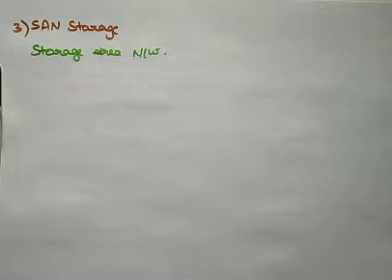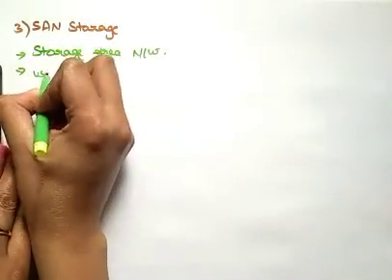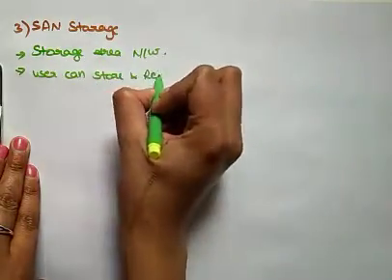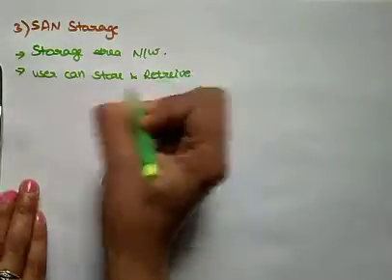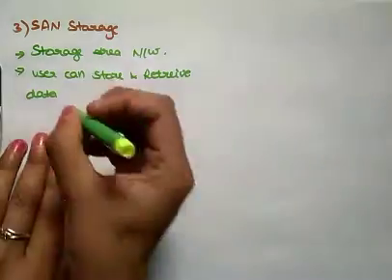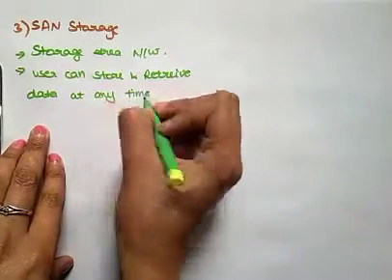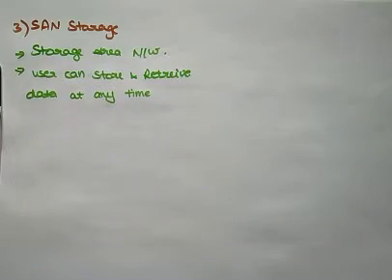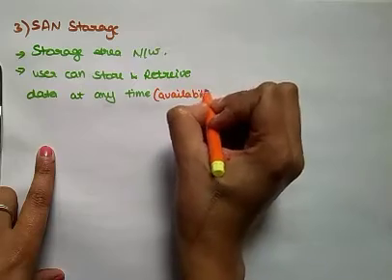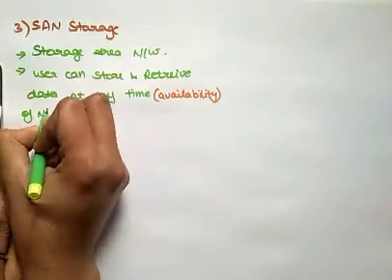With the help of this class, a user can store and retrieve data of any size or any amount at any time, subject to the availability. Here availability is the most important thing, subject to the availability of network bandwidth.